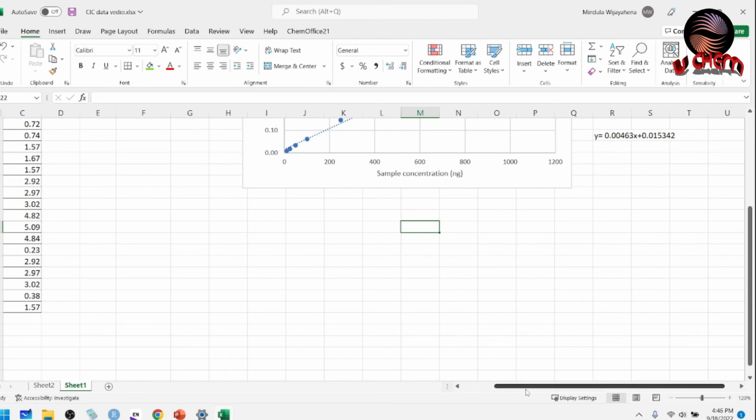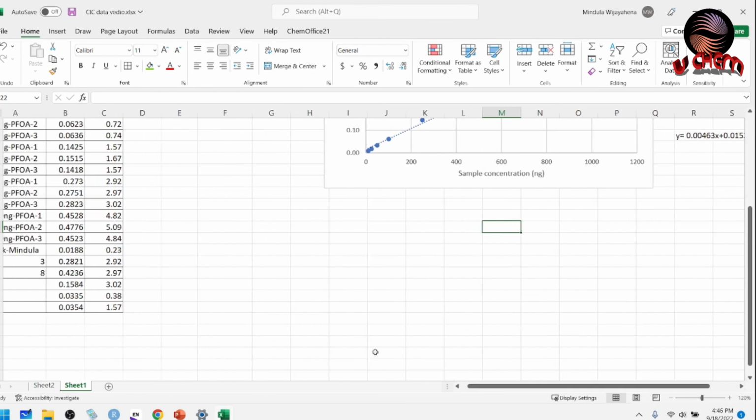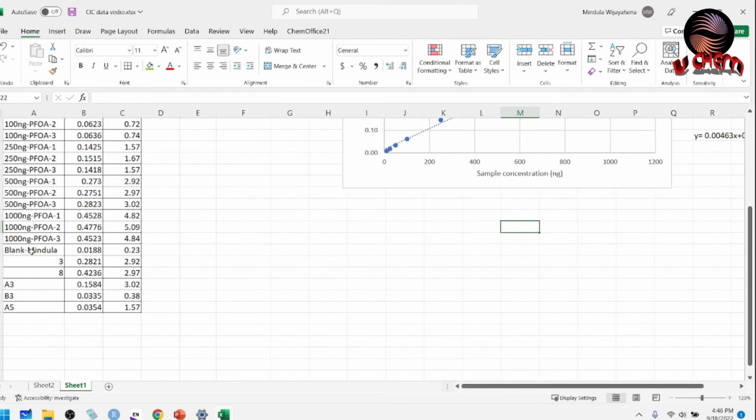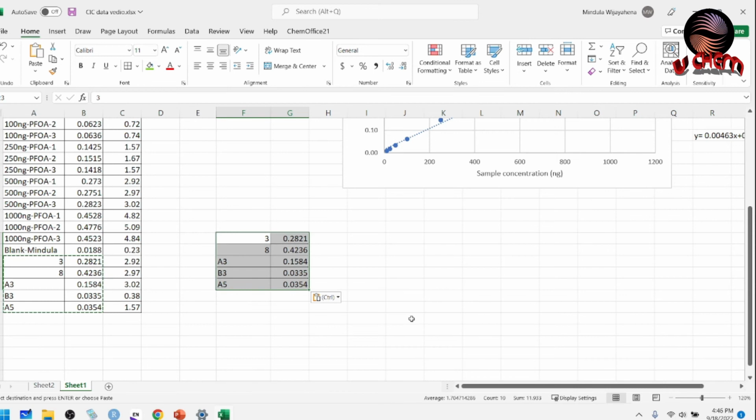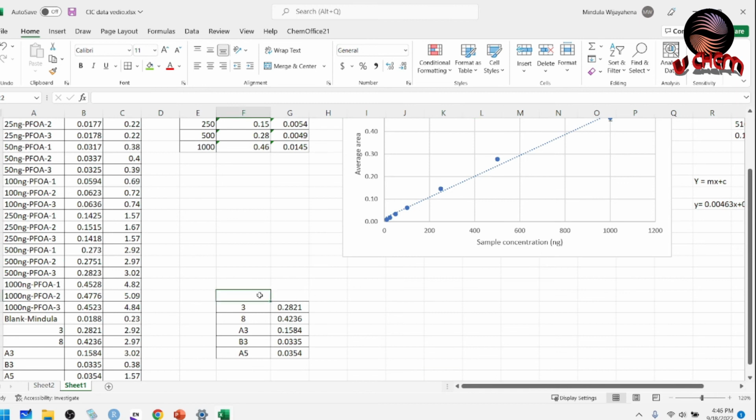For easiness, I'm going to take all the data out from this. So I'm going to copy, paste. Okay, these are the data values we have. This is my sample. This is the area.